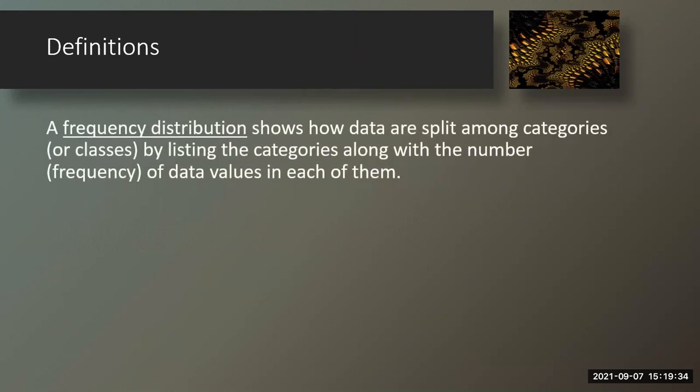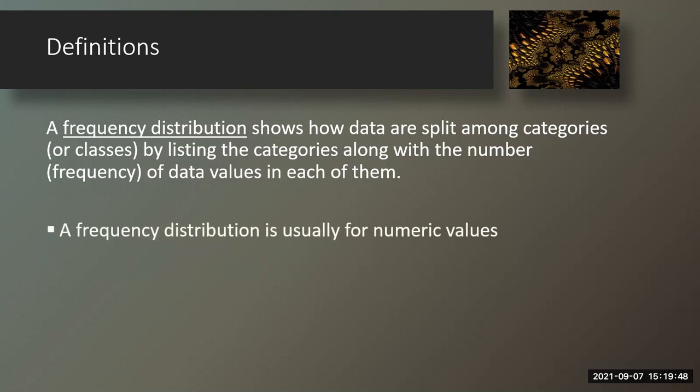A frequency distribution shows how data are split among categories or classes by listing the categories along with the number or frequency of data values in each of them. A frequency distribution is usually for numeric values or data, but you'll also see categorical data used in addition to the numeric type of data.